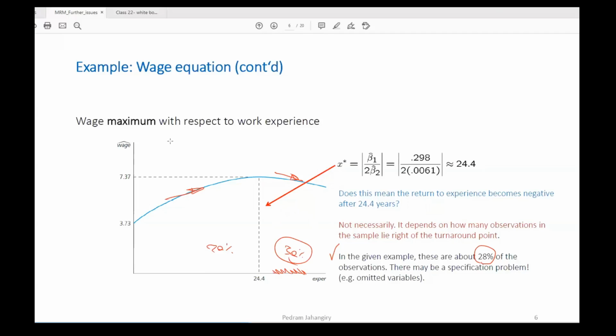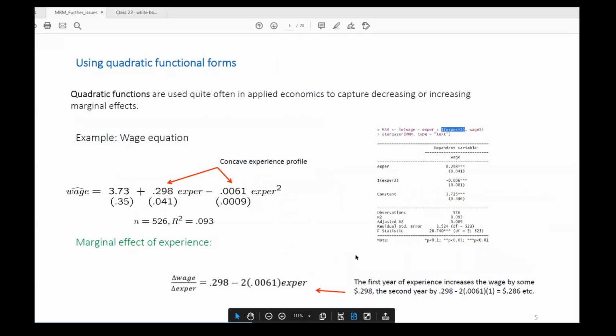Okay. So what can I do? This is a specification problem. Most probably you're having omitted variable bias. Let me go back to the previous slide. What's going on here? Look at that. I'm only controlling for experience and experience squared.